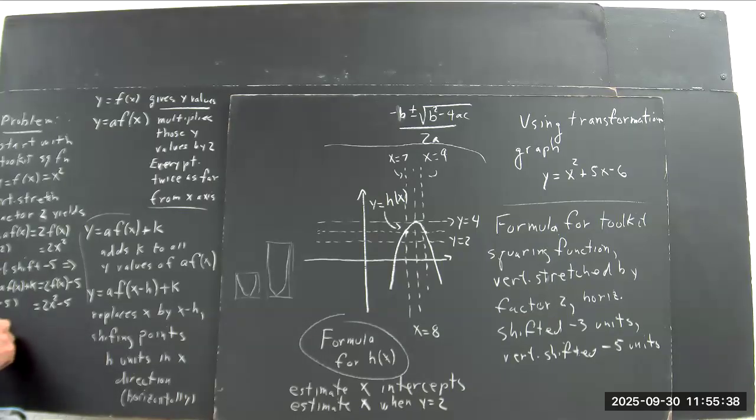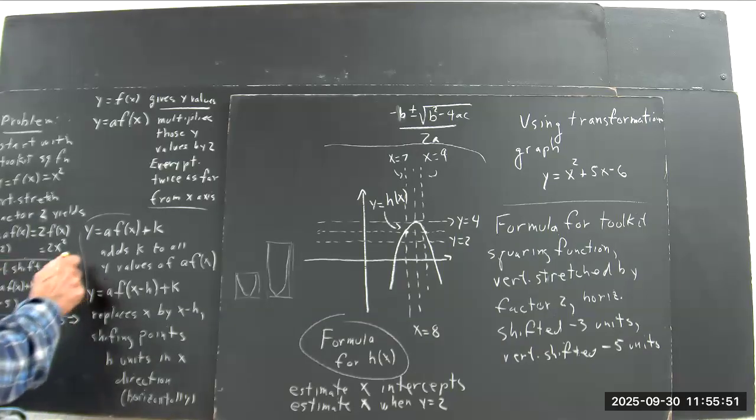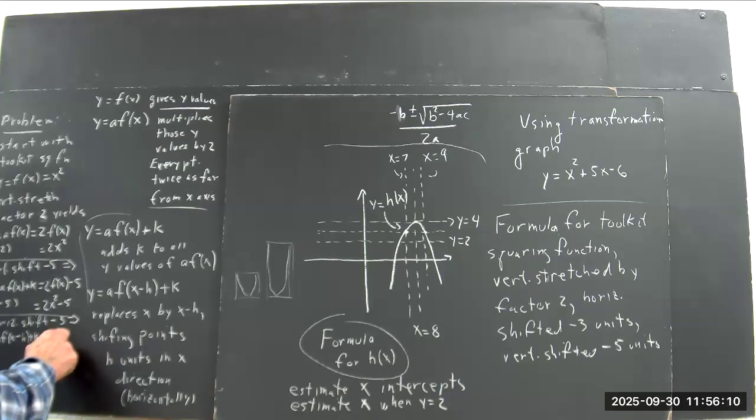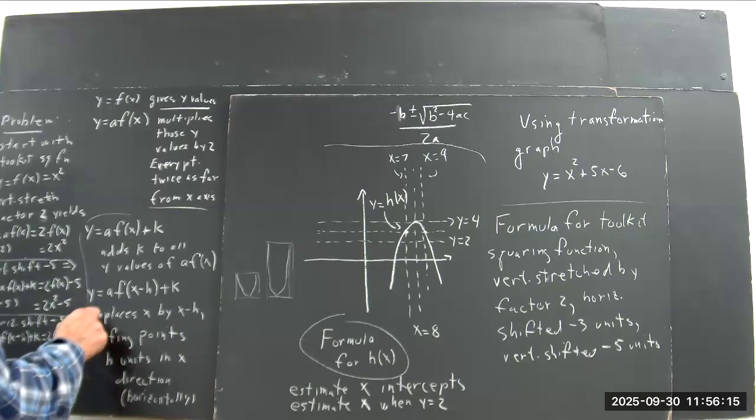And that horizontal shift of -3 means we're going to have y equals a f of x minus h plus k equals 2 times (x plus 3) squared minus 5.